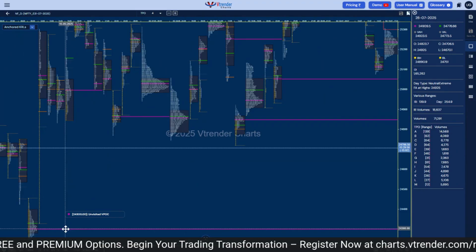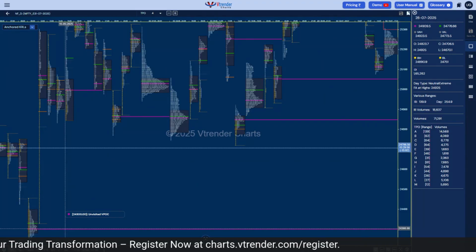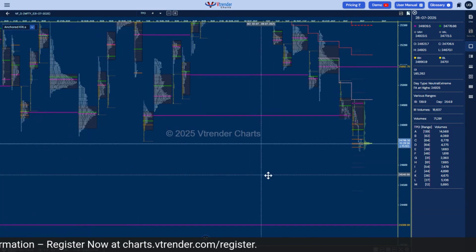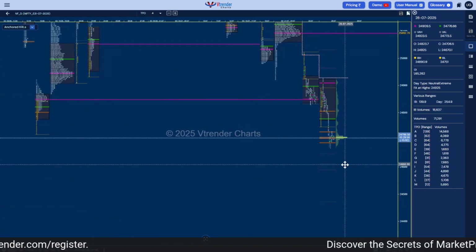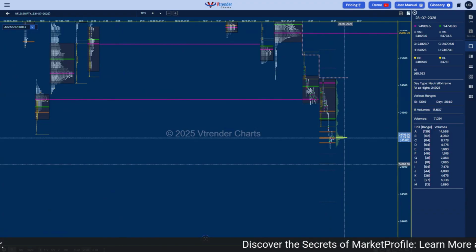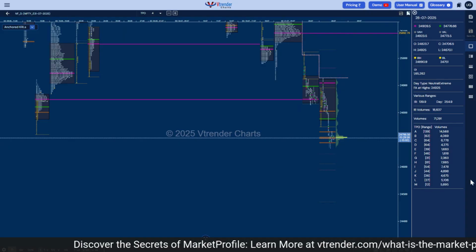So this could be our probable target getting into the monthly expiry. That is if we continue to form value lower and we get more sell side confirmations on the profile or the order flow. So that is as far as the Nifty futures is concerned.